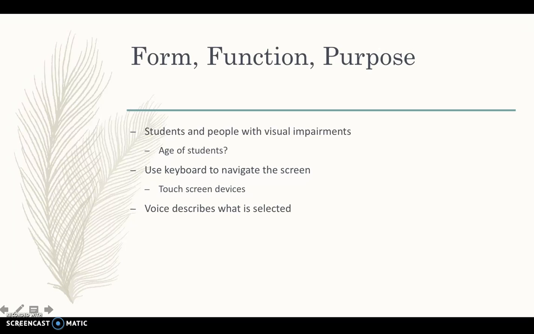The VoiceOver describes what's selected, whether you're using the keyboard or a touchscreen device. And it's the eye of the user. The VoiceOver is used for students with visual impairments, specifically because it describes every single thing that's on the screen so that students can see what is on the screen without actually using their eyes.